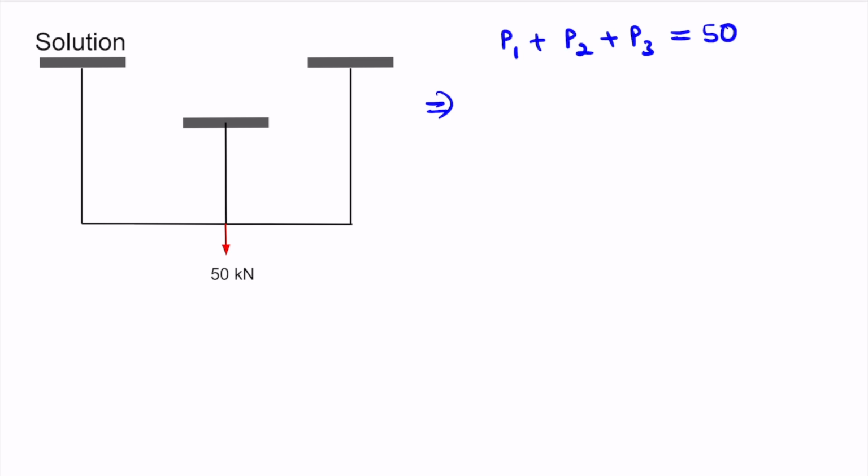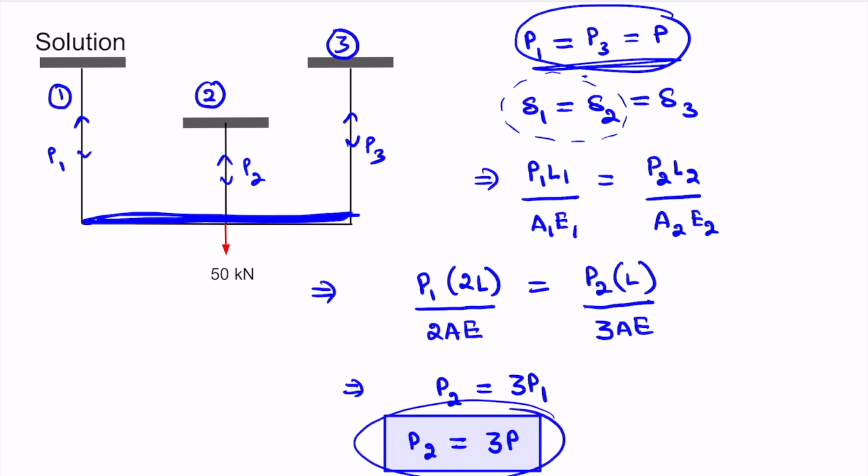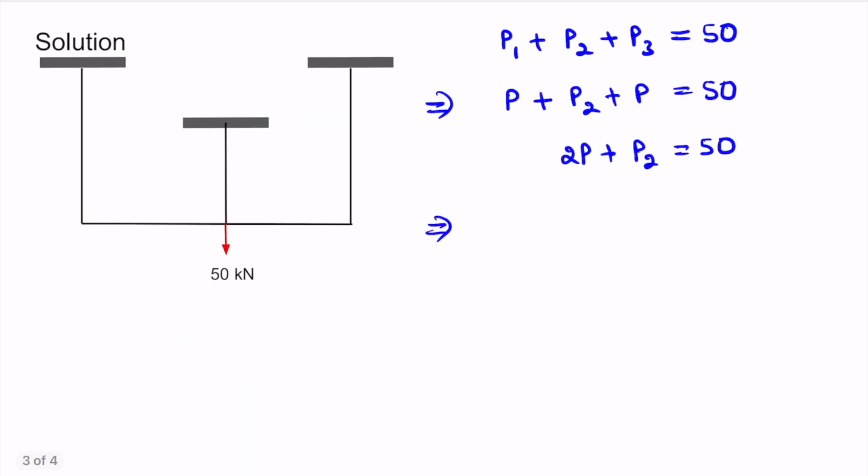P1 and P3 we have considered as P here, so P plus P2 plus P equal to 50, 2P plus P2 equal to 50 kN. Now from this relation we know that P2 is thrice of P. So we can write 2P plus 3P equal to 50 kN. From here we get P is equal to 10 kN.